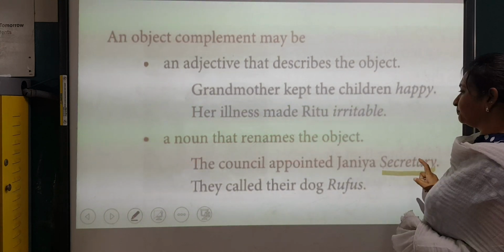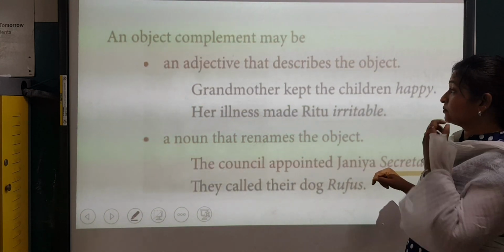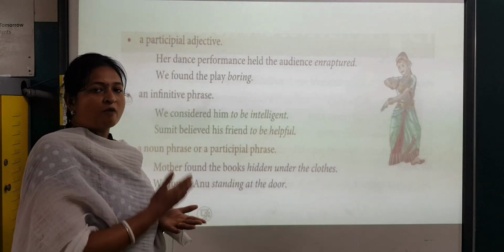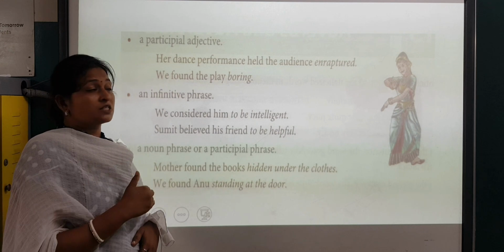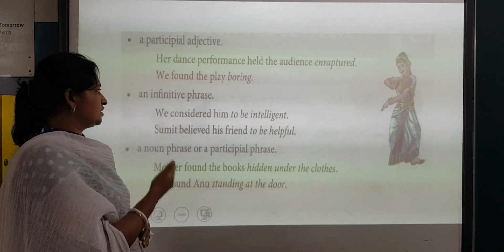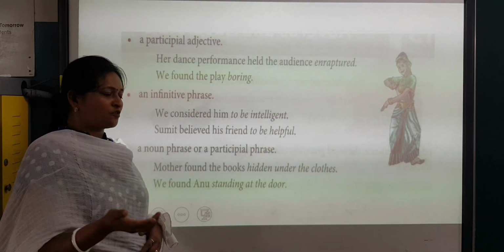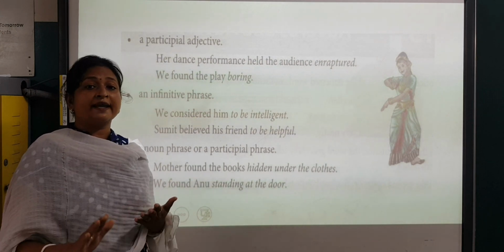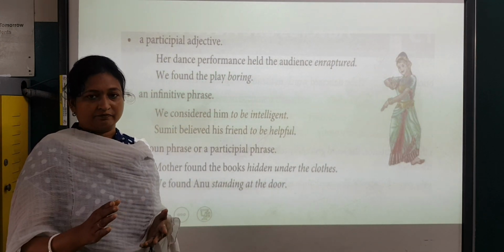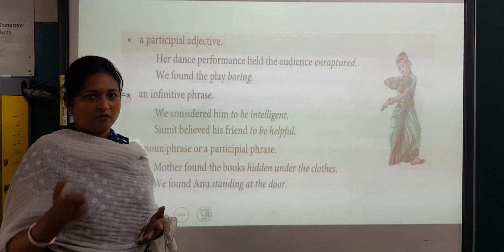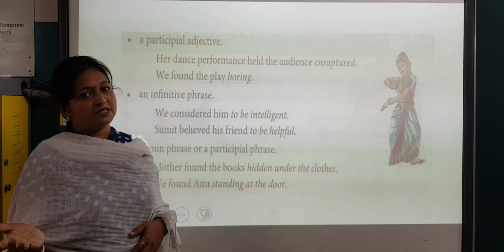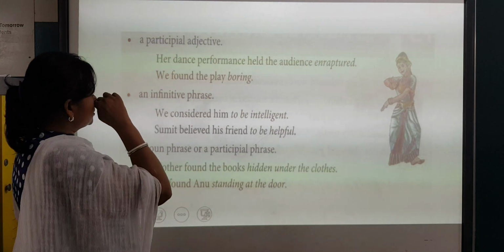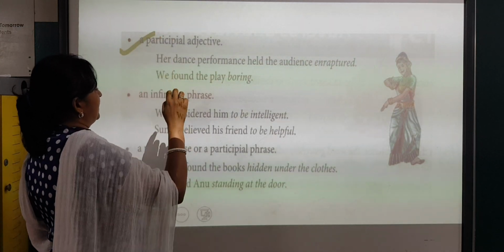So here it is the object. Find that the format is exactly the same as your subject complement. There also we had participial adjective, infinitive phrase, a noun phrase or a participial phrase. So more or less the content is the same, but the concept is different. Object complement is different and subject complement is different. So here we have participial adjective.